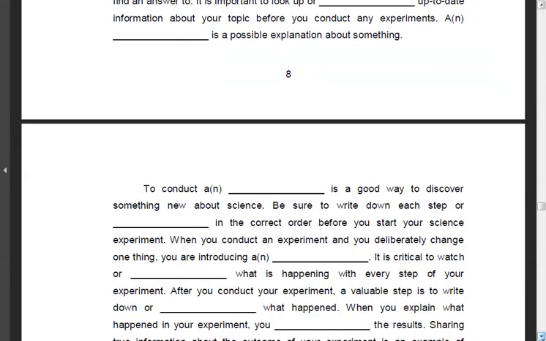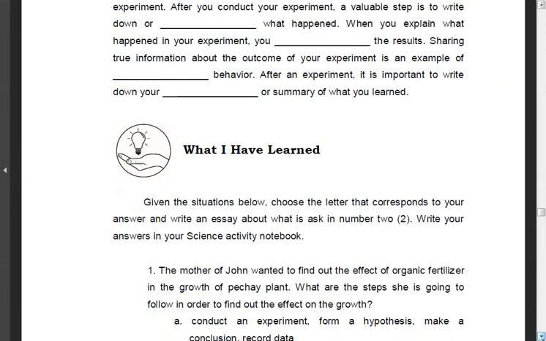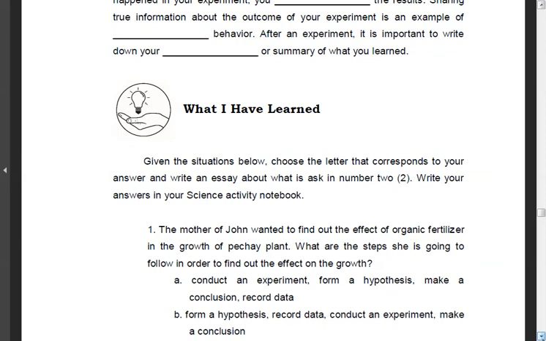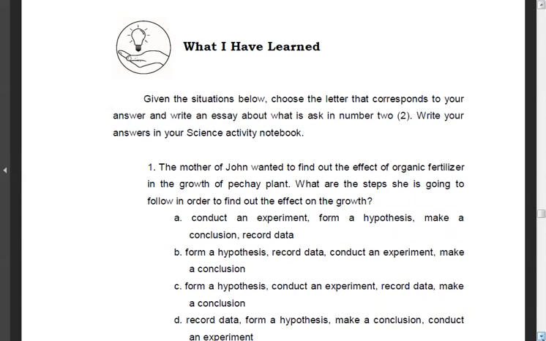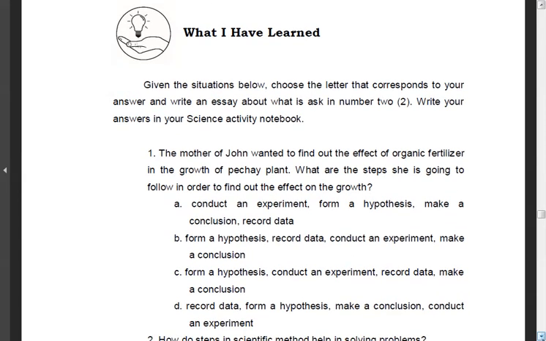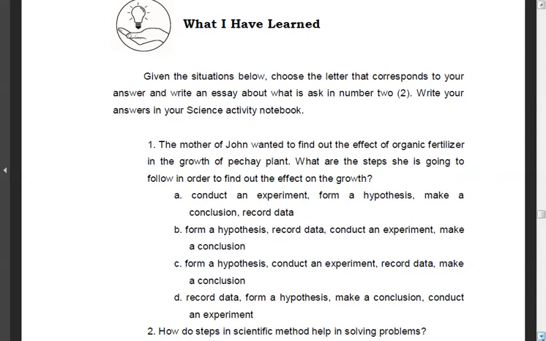Let's go to What I Have Learned. Here, you have to choose the letter that corresponds to your answer and write an essay about what is asked in number 2. Write your answers in your answer sheets.